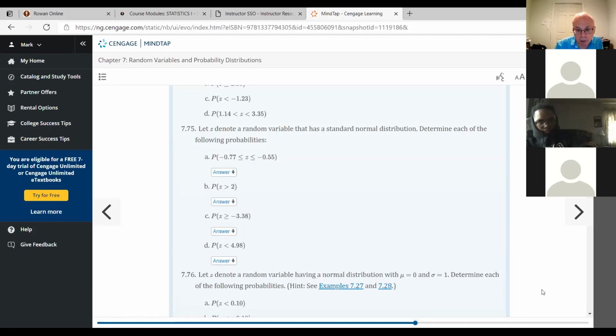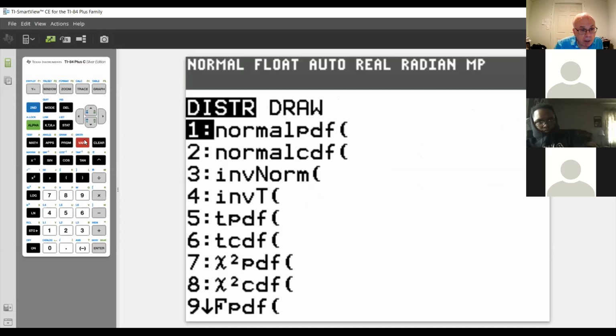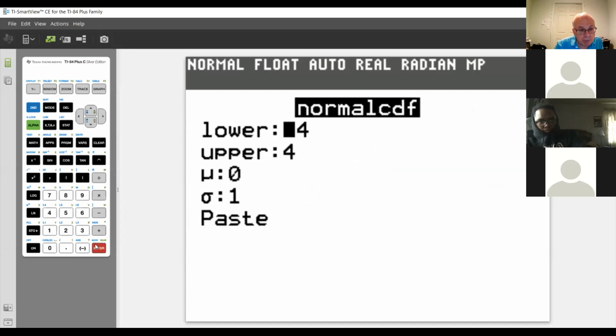7.75a. Do that first. Let's clear the screen. And normal CDF. In this problem, the lower endpoint is negative 0.77, again to the left of the mean.